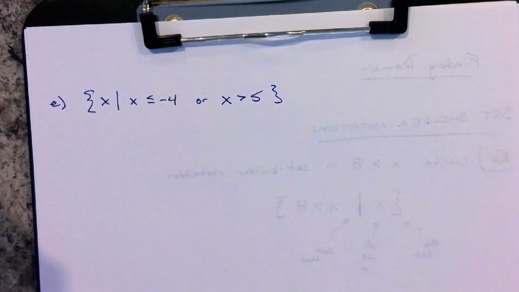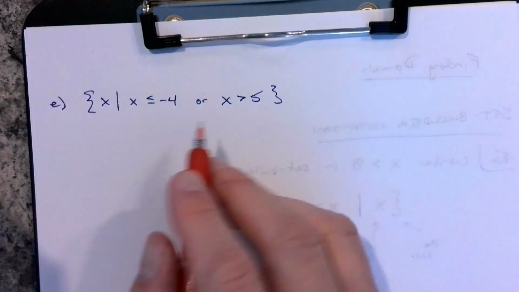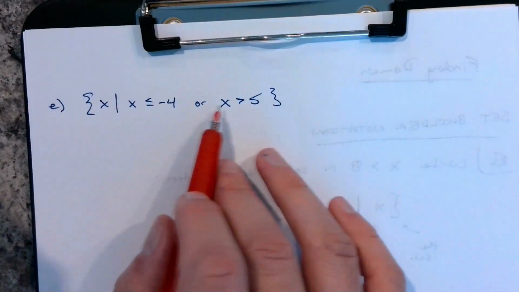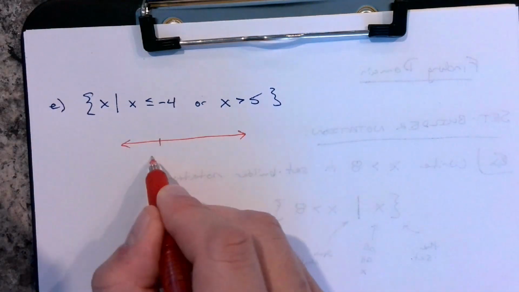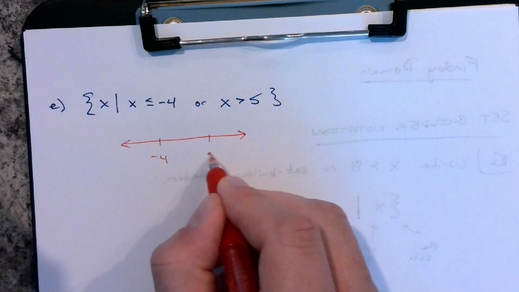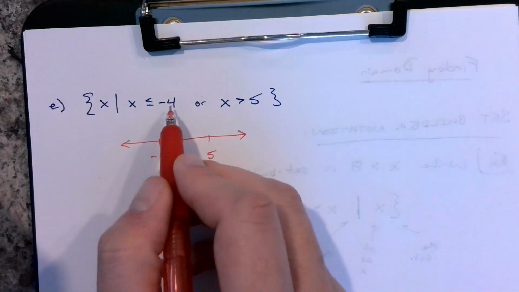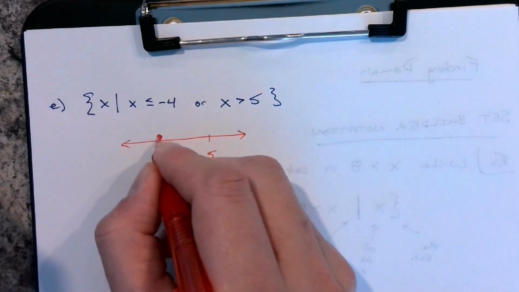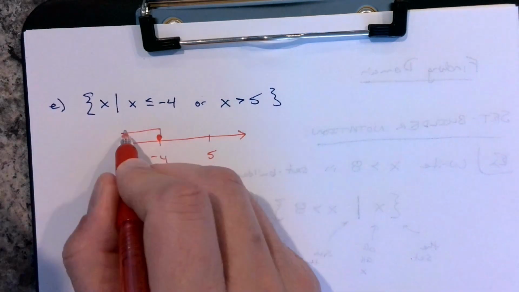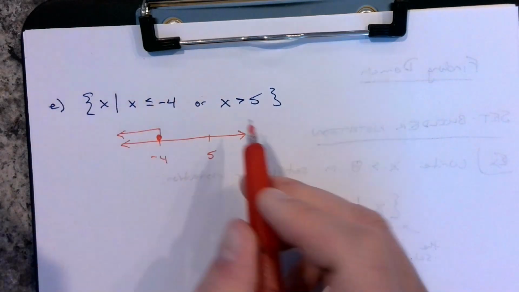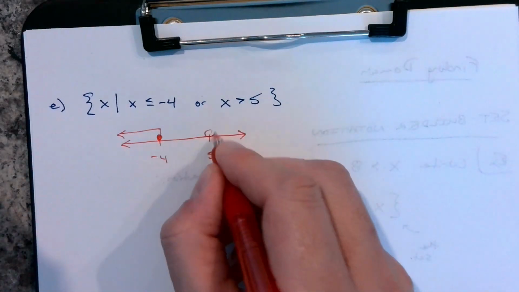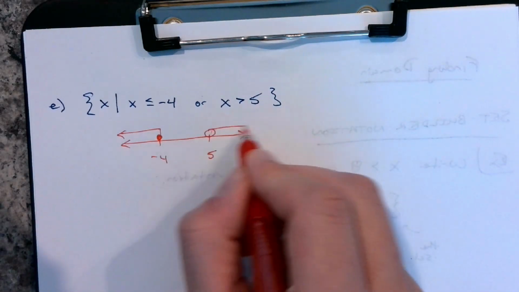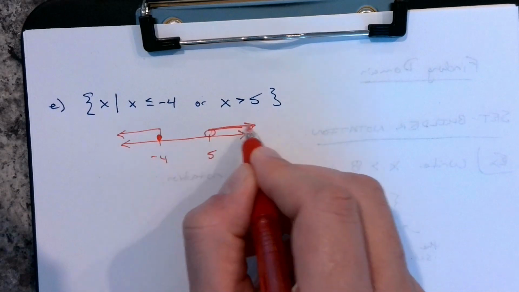If I wanted to write this as interval notation, this is really two subintervals. Think about what this means if I was to put it on a number line. We need -4. We need 5. When x is less than or equal to -4, the equal to tells you you're including it. X less than -4 would be values to the left. For x is greater than 5, are we including 5? Well, no, there's no equal to, so it's an open circle. How far do I go to the right? Well, I'm going forever to the right, because x's are greater than 5.